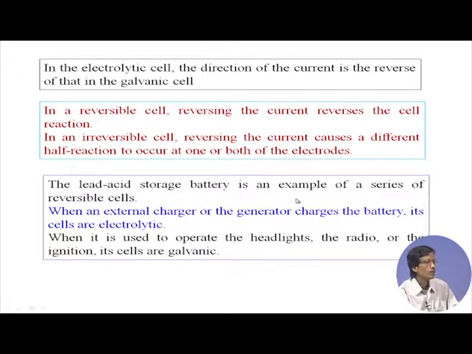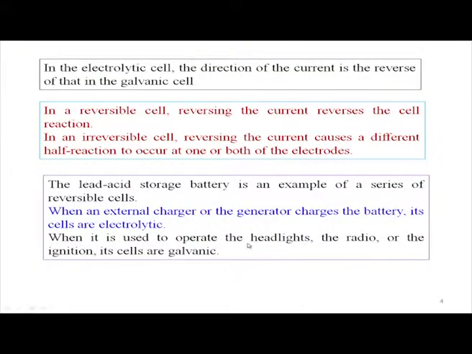When we draw more and more current, the battery is almost dying. But when an external charger or generator is put into the charging device, the charger charges the battery, and its cells are electrolytic. It is not a voltaic cell when charging; it is a voltaic cell when it gives us electrical energy.